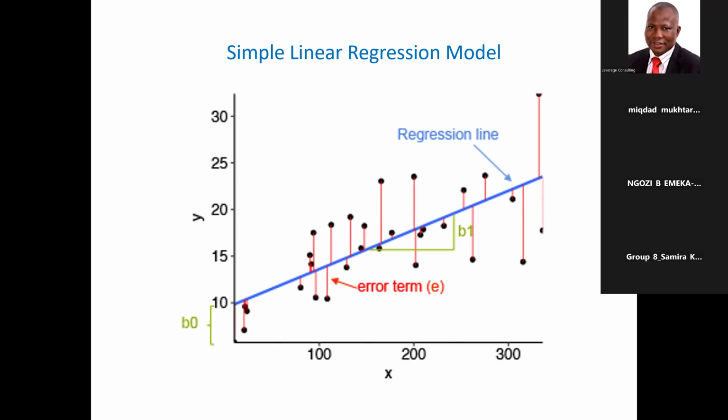When you square it, it gives you the smallest value. Why do you need to square? Look at this one now. You draw some line. For the dots above the line, the difference is positive. For the dots below the line, the difference is negative. Remember when we were talking about correlation, when we were demonstrating covariance, I demonstrated it.